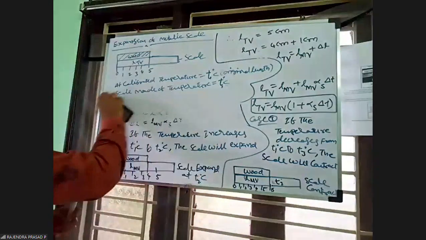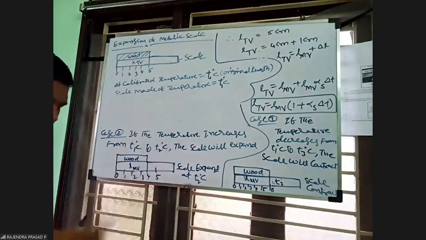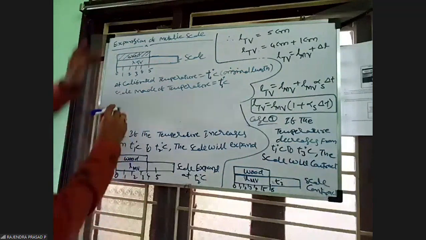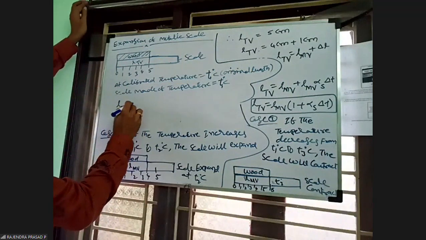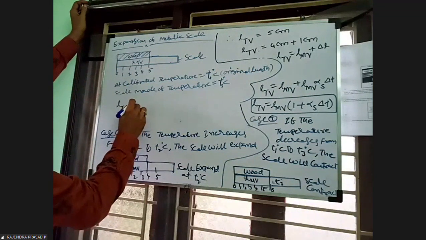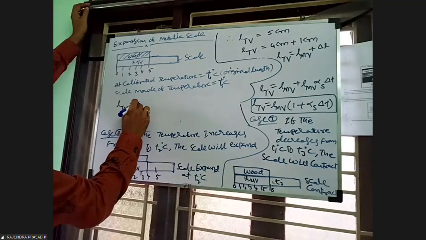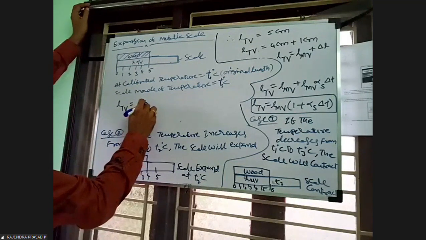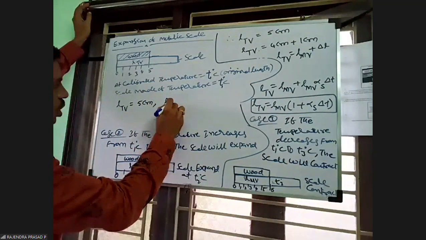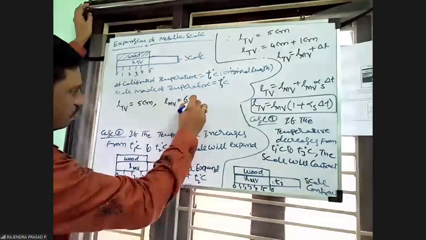Okay, so in this case, L true value is actually the original 5 centimeter. L measured value is equal to 6 centimeter.